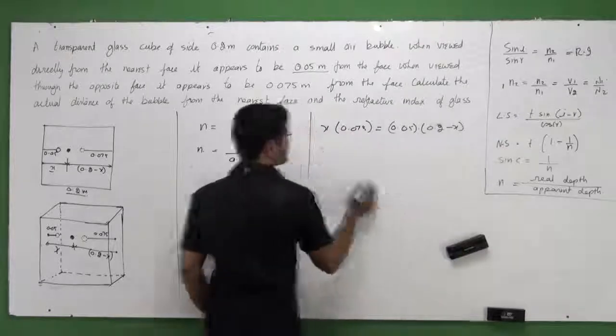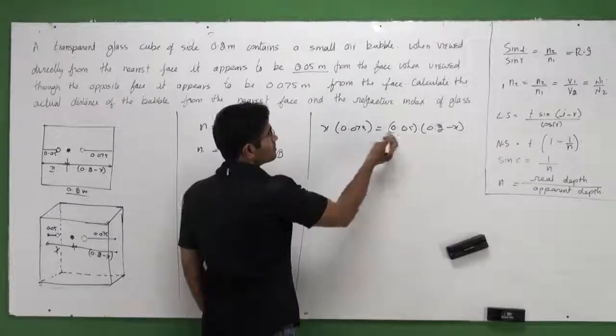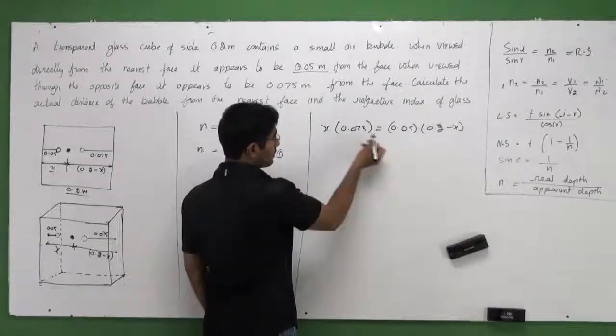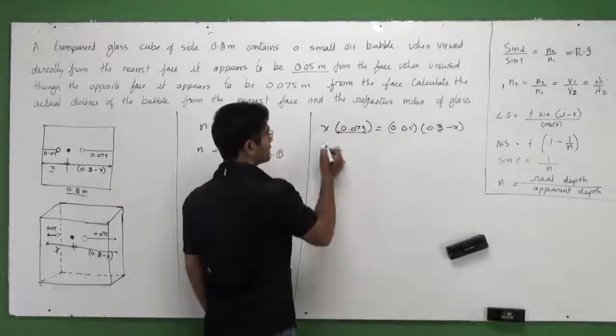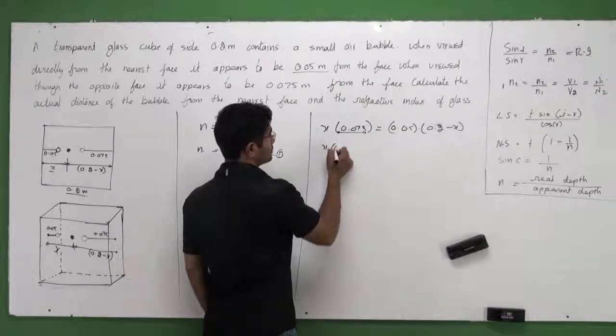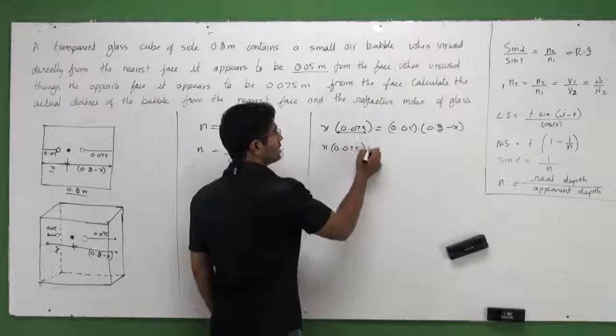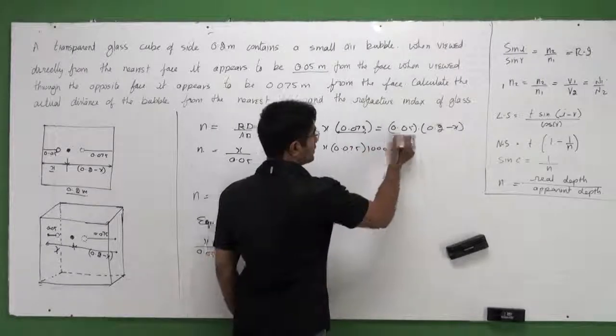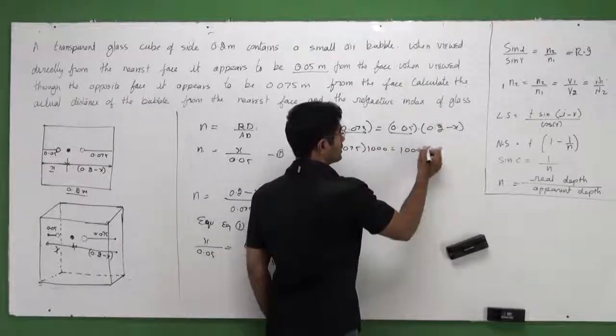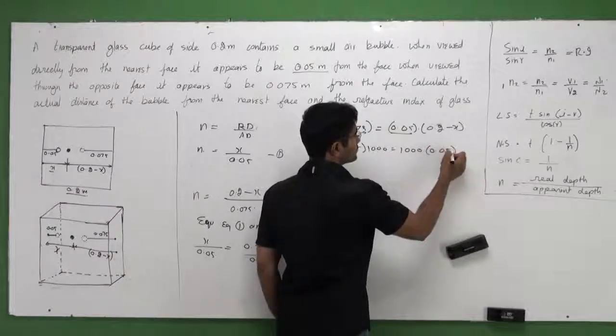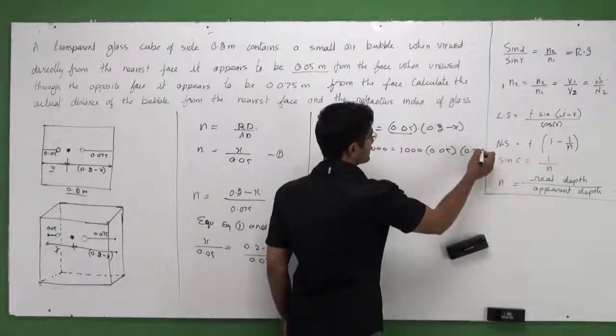Let me multiply both sides by 1000 so that I can remove the decimals. It becomes x into 0.075 into 1000 equal to 0.05 into 1000 into 0.2 minus x.